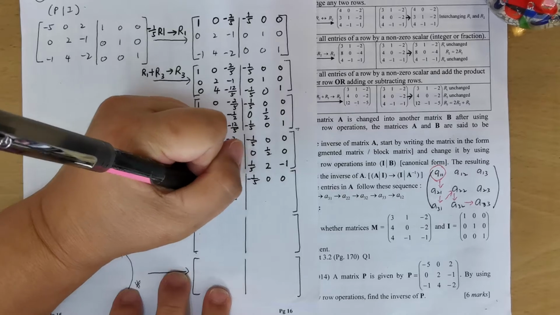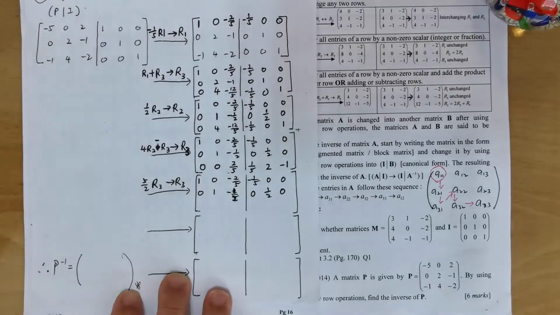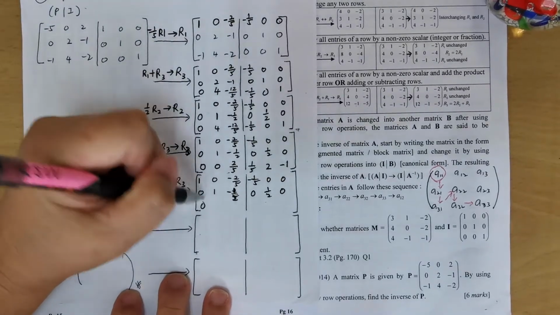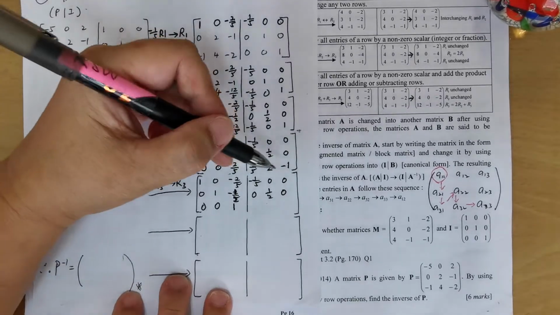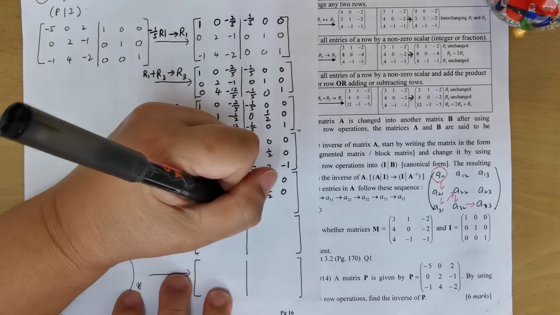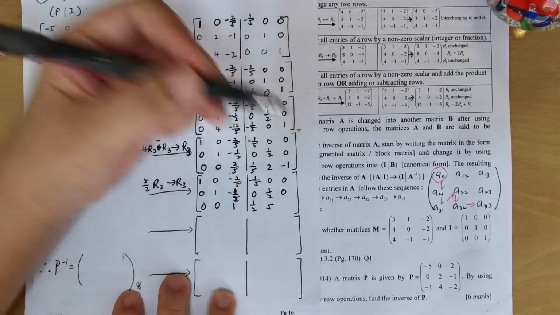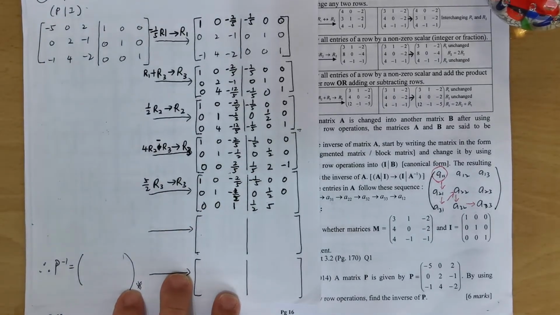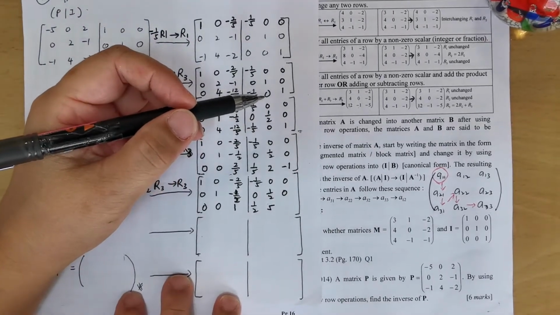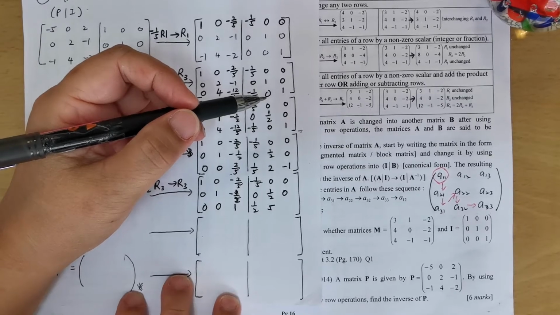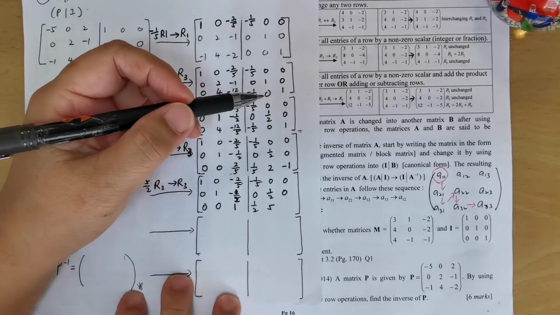Half. Half, don't make careless mistakes. Okay, so this one 0 times what? Also 0. 0 times what? Also 0. This one times 5 over 2 becomes 1. So this one times 5 over 2 is half. This one times 5 over 2 is 5. Correct.